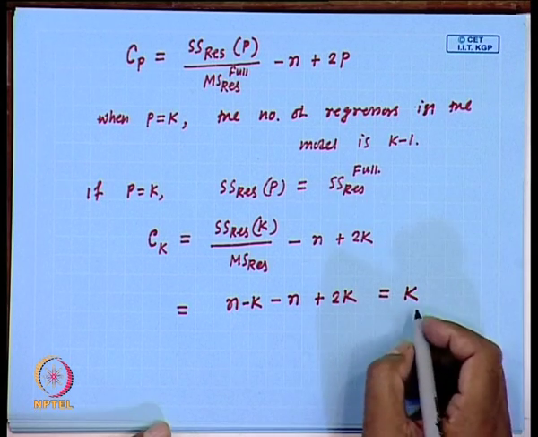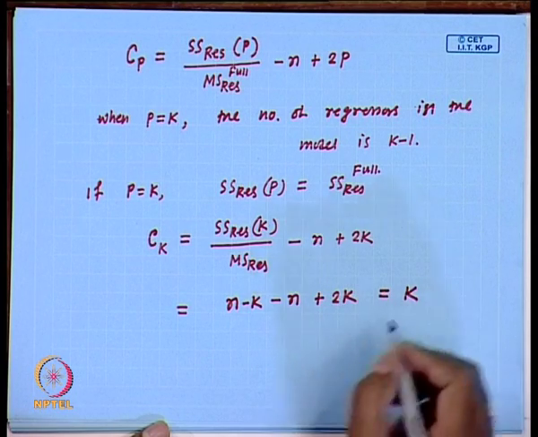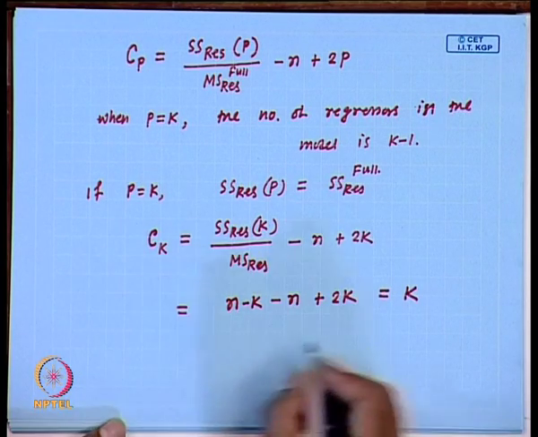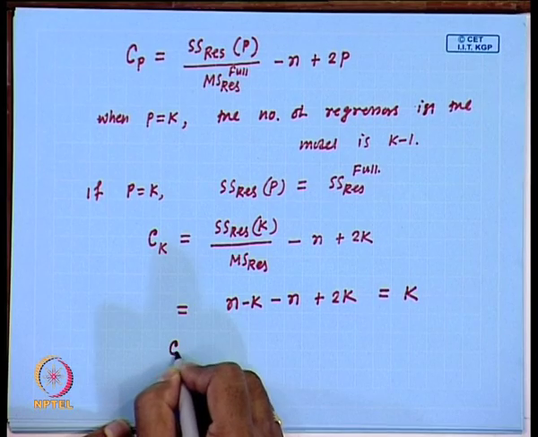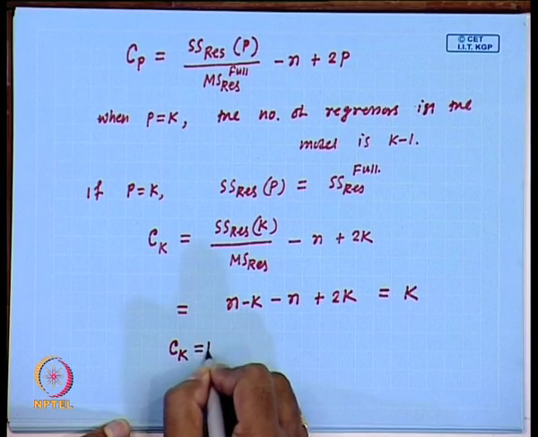Well, so what we observed is that for p equal to k, Ck equal to k.